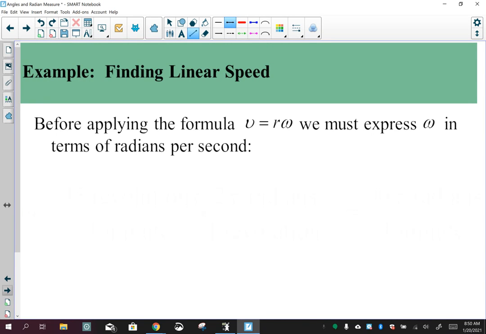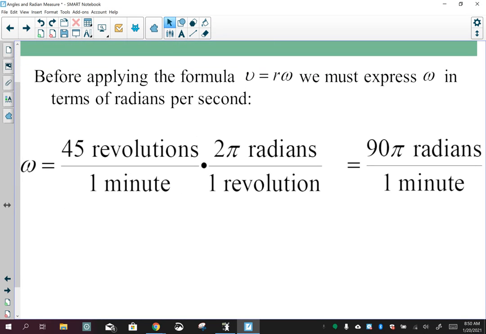Before we can apply this last formula, we must express the angular speed in terms of radians per minute. I've got 45 revolutions per minute. I know that 2 pi radians is 1 revolution, so that gives 90 pi radians per minute.